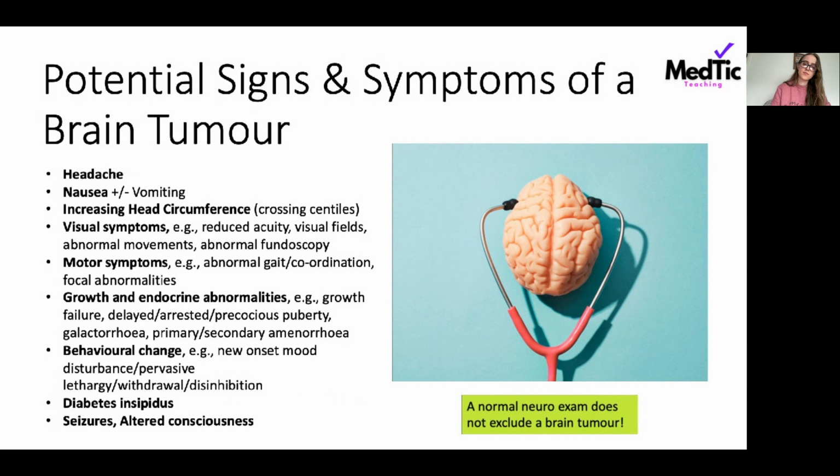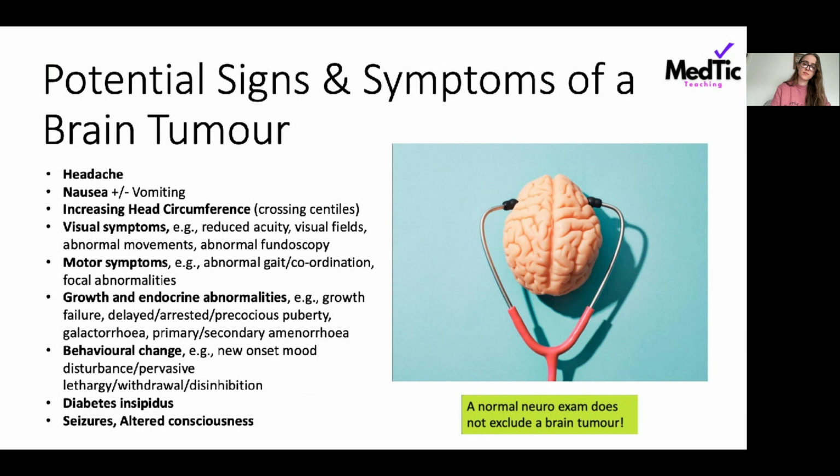these are some symptoms that could suggest a brain tumour. It's much more likely if they have several of these signs together. So like I say, just having a headache is less likely to be a brain tumour, but if they have a headache and motor symptoms or visual symptoms or diabetes insipidus, that's when you become more suspicious.